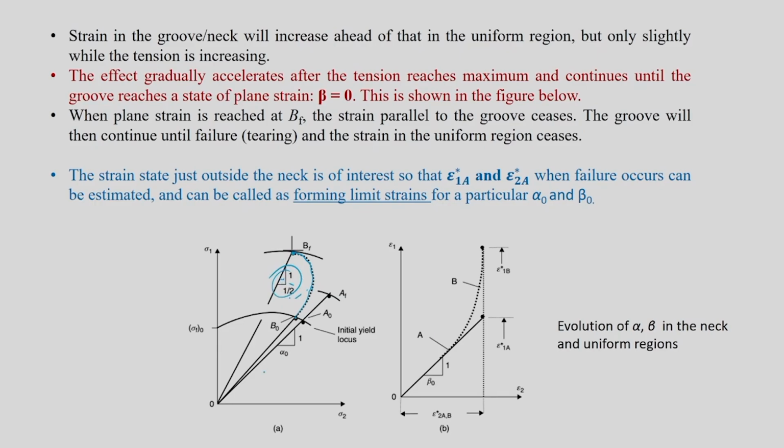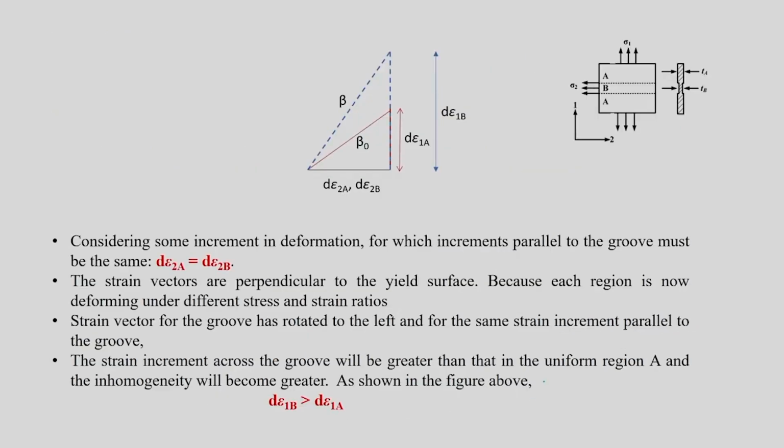But in the case of A, the location A, it is not so. When plane strain is reached at B, F basically says that the B location is going to fail. The strain parallel to the groove ceases. The same thing has been represented in the strain diagram, epsilon 1 versus epsilon 2. You will see that the strain parallel to the groove means your epsilon 2.